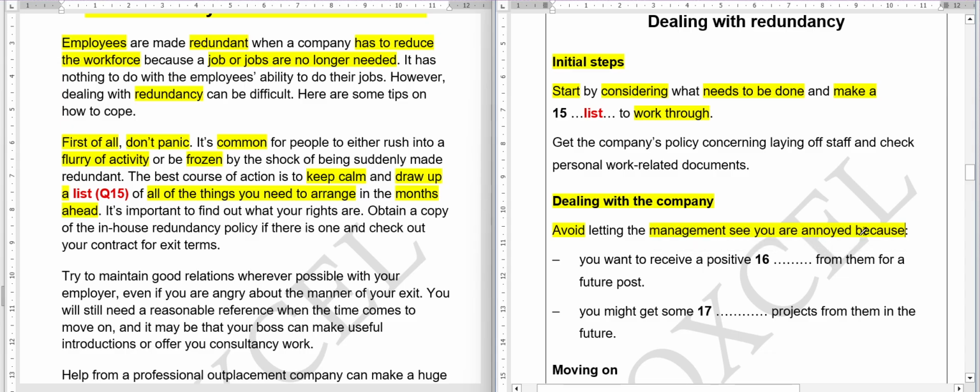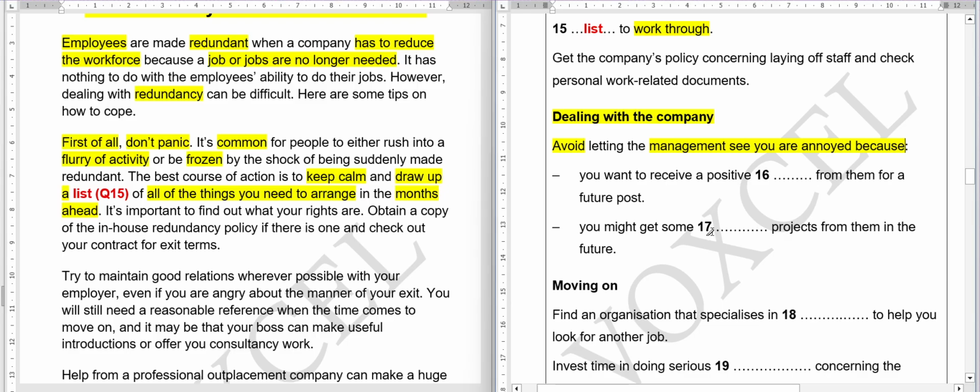So you do not have to show your frustration to your employers, your bosses, your managers, whoever is your senior. You should not show your frustration in front of them, because, let's see the first question, you want to receive a positive dash from them for a future post.